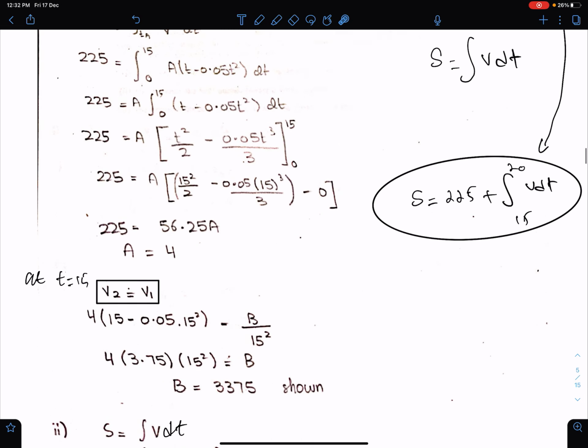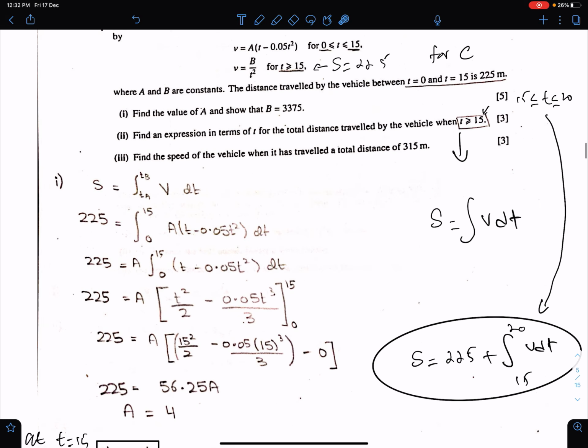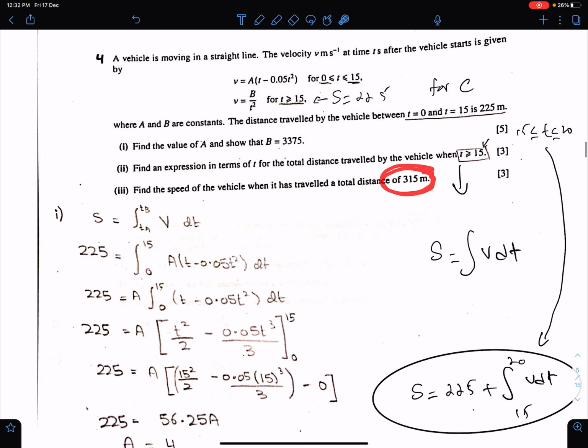Now the next part, find the speed of the vehicle when it has traveled a total distance of 315. Since this distance is greater than 225, you have to use this new equation of displacement. You cannot use the equation of displacement of this part because the displacement is greater than 225, and that equation will give you displacement only till 225.